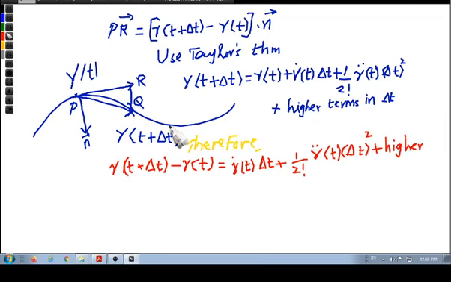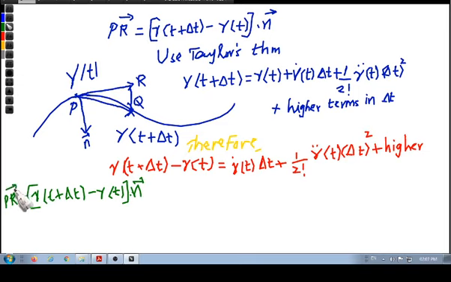Now let us take dot product with this n. So what will I get? I will use a different color. Gamma of t plus delta t minus gamma of t dot n, which is my PR.